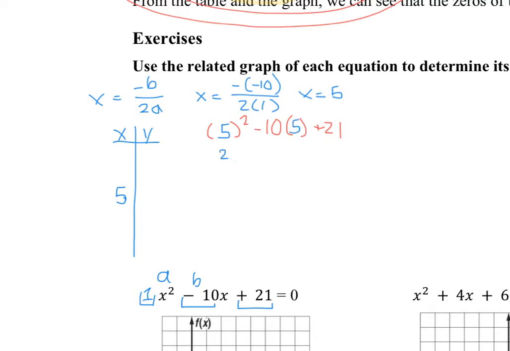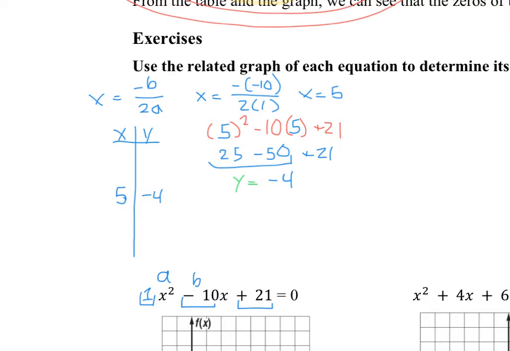And when we do this, we get 25 minus 50 plus 21. So that will give me a negative 25 plus the 21 will give me a negative 4. So that's the y-coordinate for our vertex. And we found that by substituting in our x-coordinate of 5 into our function.